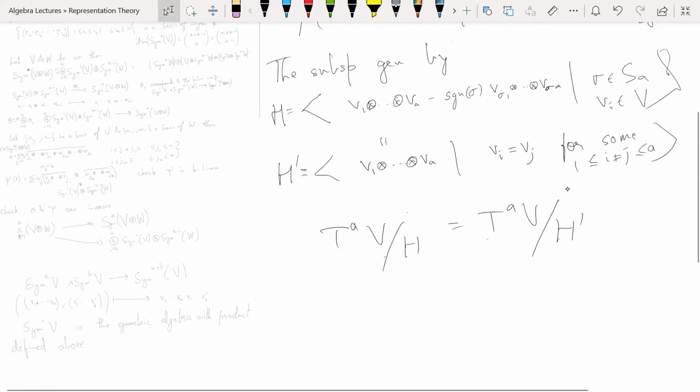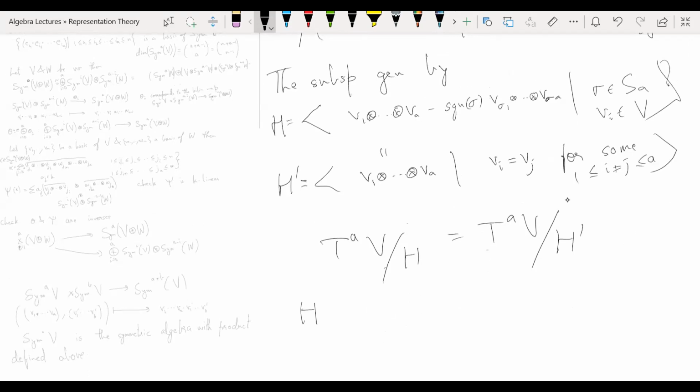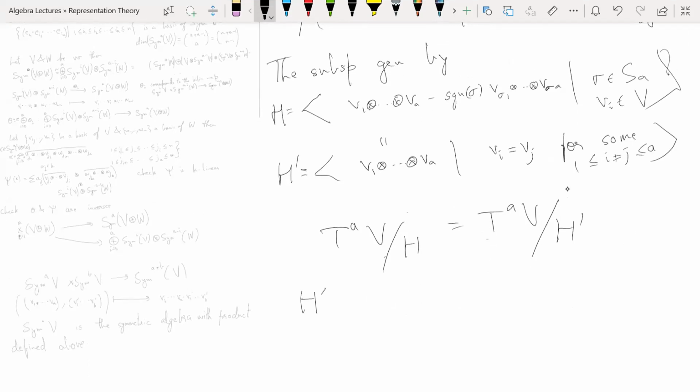So H prime mod H intersection H prime possibly is 0. Check. This is what is easier to verify, and H mod H intersection H prime is also 0.